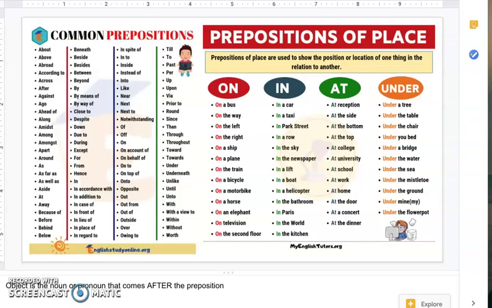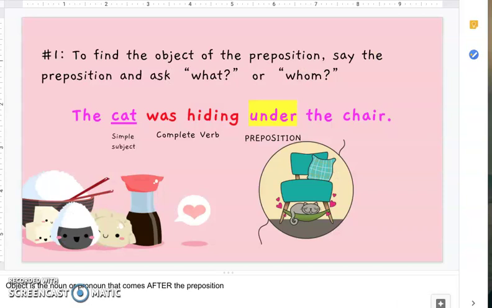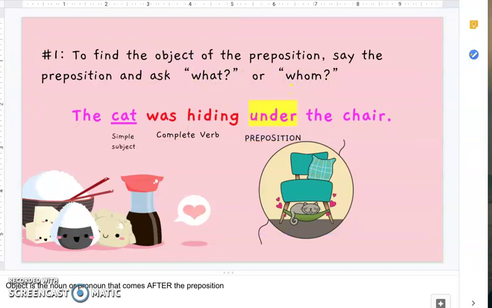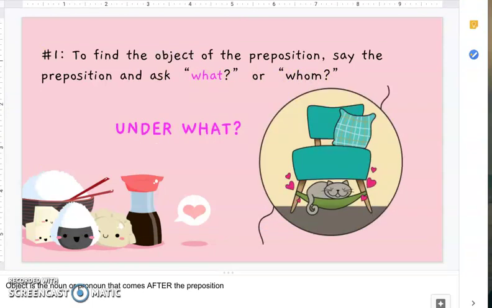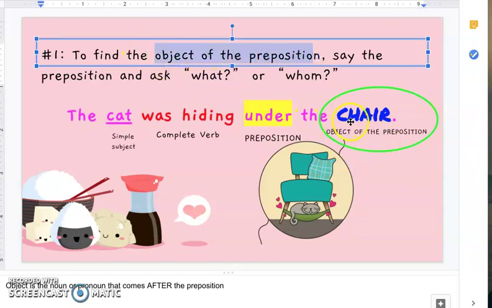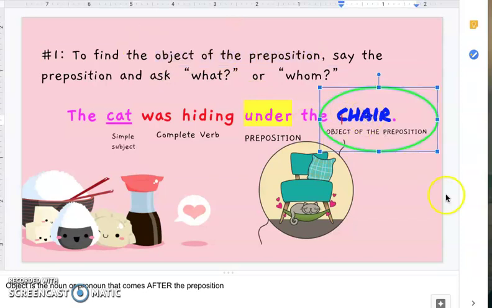If you said under, you're correct. That's our preposition. Now, to find the object of the preposition, we gotta say the preposition and ask what or whom. So the question we gotta ask is, under what? Under the chair. Therefore, the object of the preposition in this sentence is indeed chair.